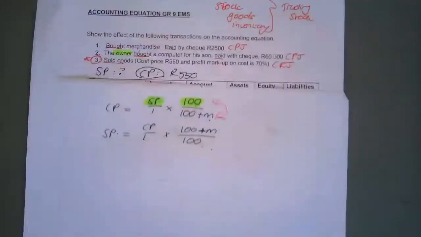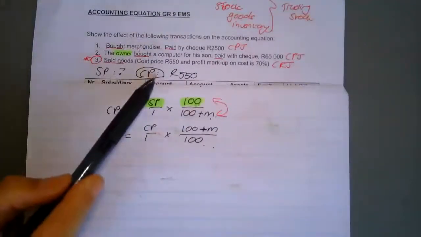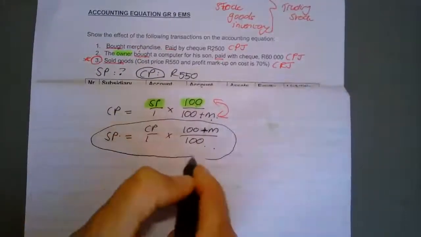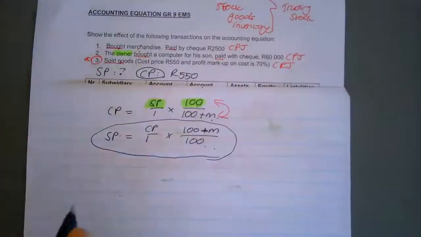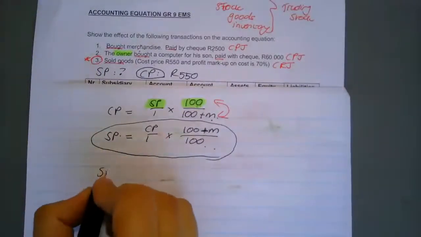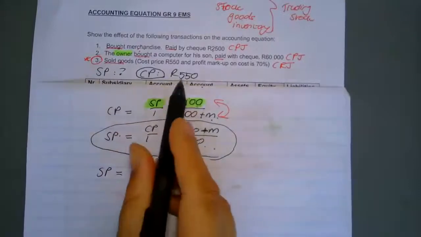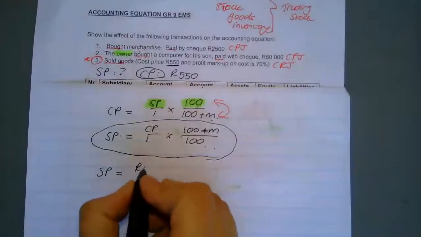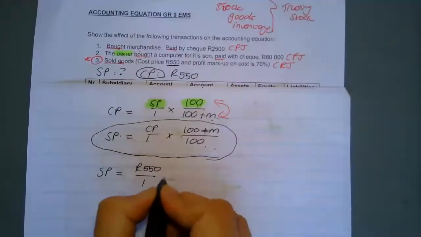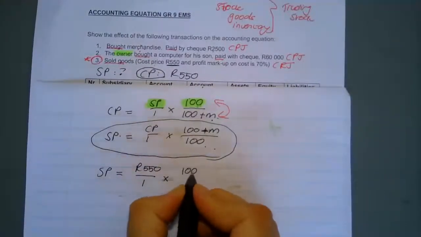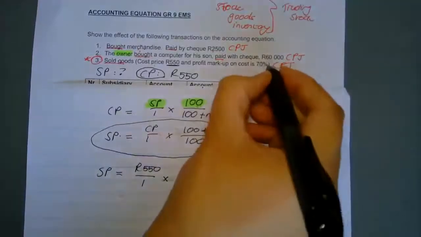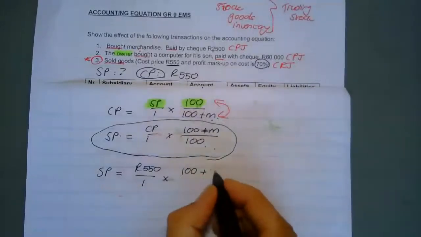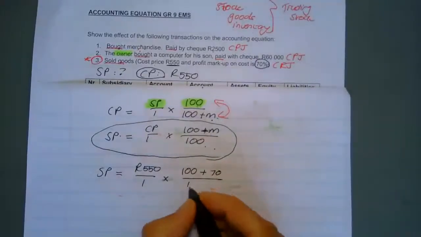Now in this transaction, we have given you the cost price, so we do not know what the sales price is. We're going to make use of this calculation to calculate it. Sales price equals, what is your cost price? 550 is given to you. 550 Rand divided by 1 times 100 plus, what is the markup? 70%. So you say 100 plus 70 divided by 100.